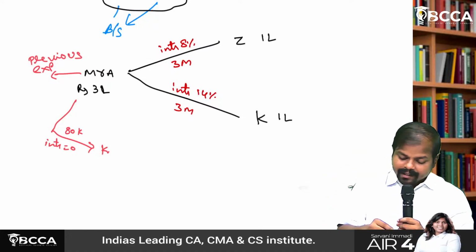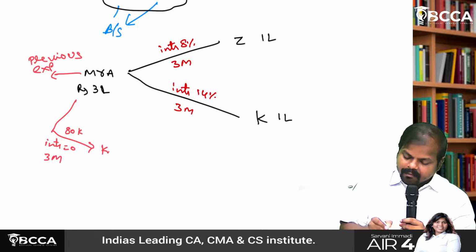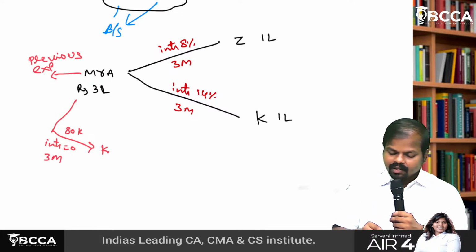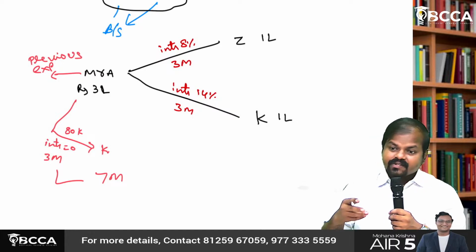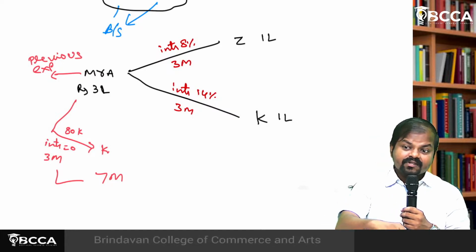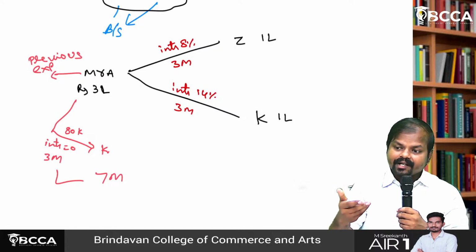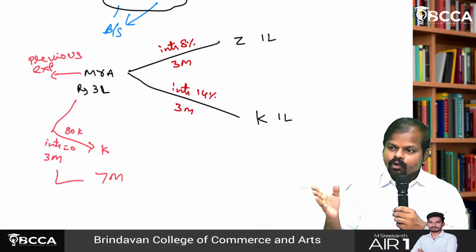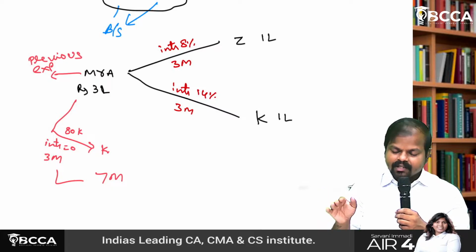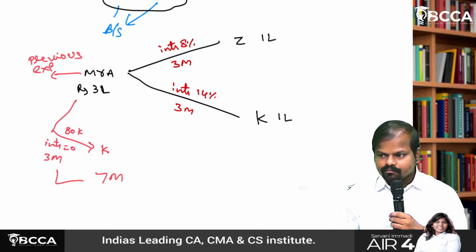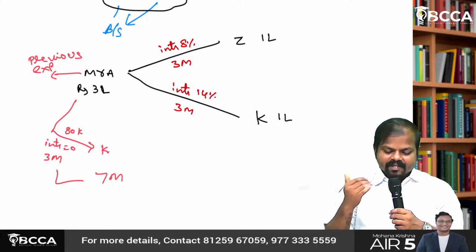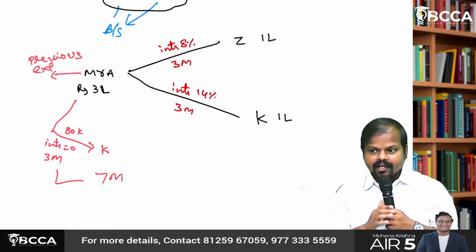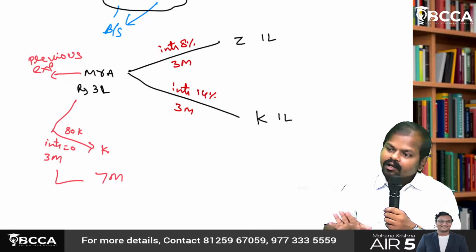He told me within 3 months he would repay. He took 7 months, and even after 7 months he had not properly discharged it. 10,000 one time, 20,000 one time, 40,000 one time. Like that, he repaid the 80,000 in installments. This is a bad experience of Mr. A with K. Correct?